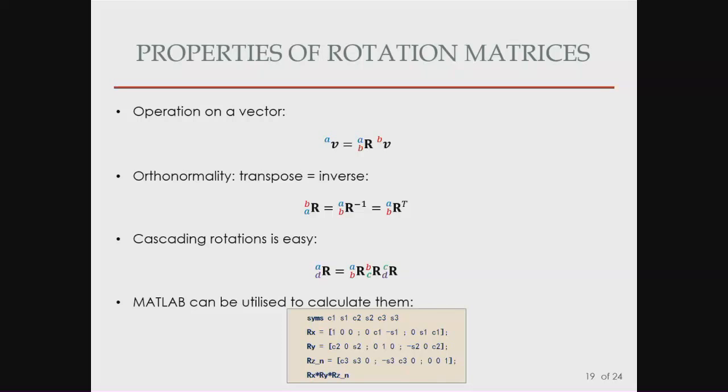And the last comment is these two vectors, V in frame B and V in frame A, are the same vector. Physically, it points in the same direction in space, and it has the same magnitude.